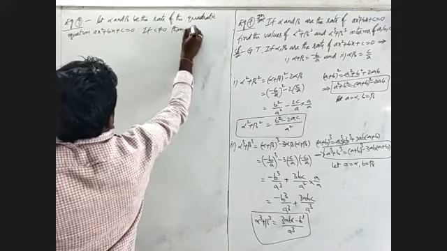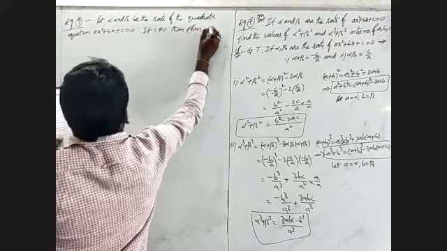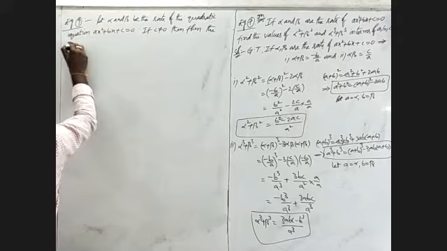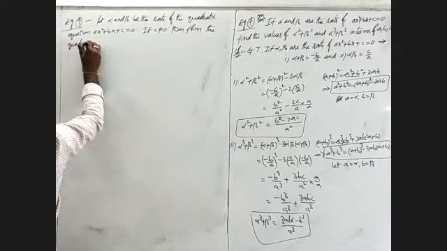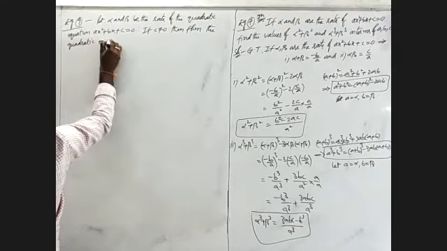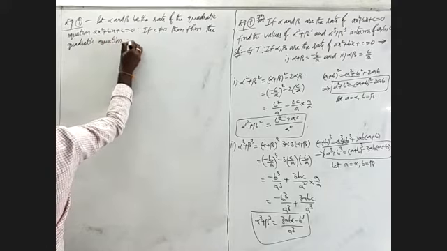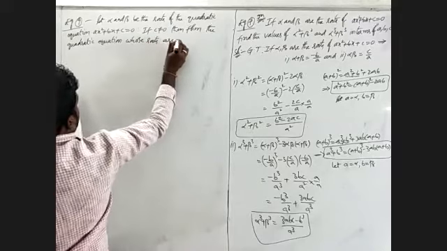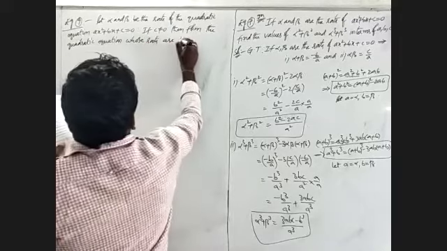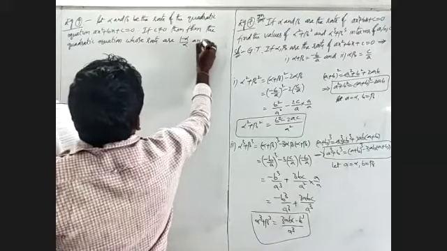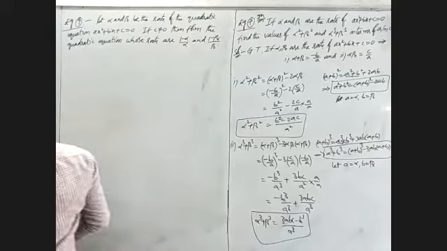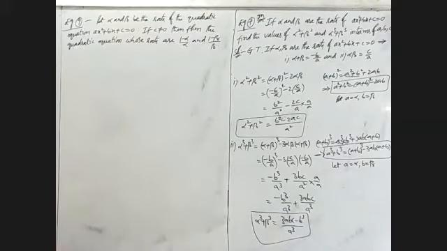Then form the quadratic equation whose roots are 1 minus alpha by alpha and 1 minus beta by beta.